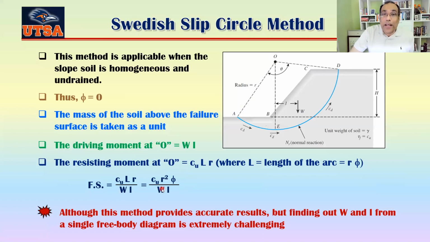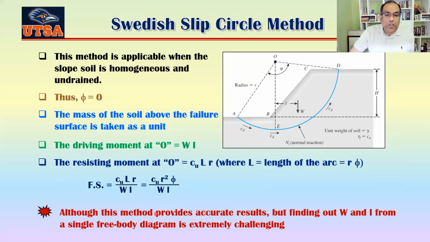W is the weight of that single soil mass. L is the length of this one. You can find out this length from this angle here. If this angle is 360 degrees, then the perimeter would be 2 pi R. So that's the way you can find out this length here.